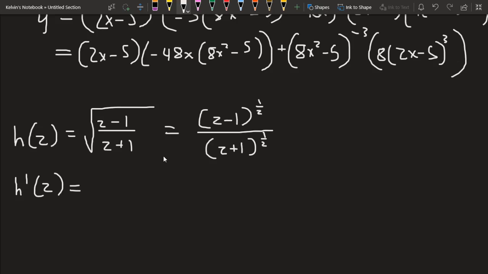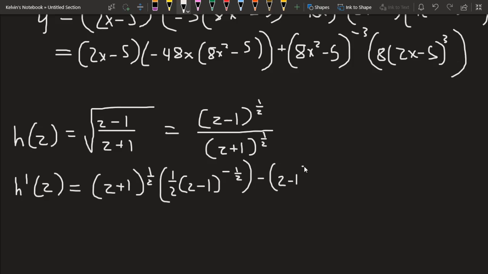And then in this case, it's most likely easier to just use the quotient rule. So let's use the quotient rule. Low, (z plus 1) to the 1/2, times d high, so we'd have to find a derivative: 1/2 (z minus 1) to the negative 1/2, and then this would just be times 1, minus high and then d low.